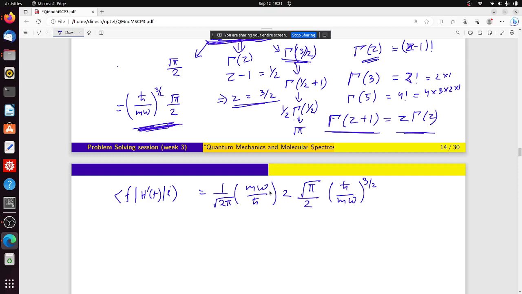So root pi cancels, 2 cancels, then we will have only 1 over root 2, h cross by m omega to the power half, this part only.